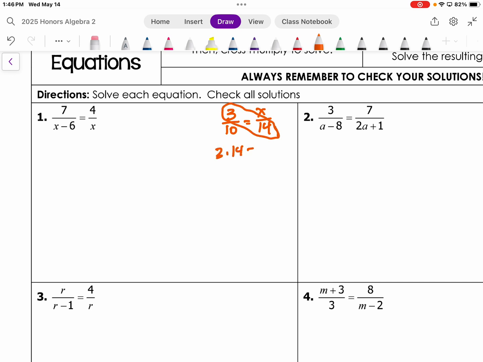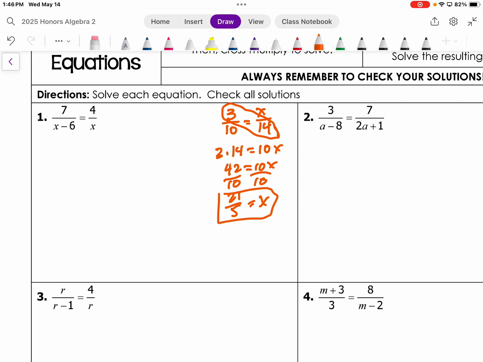Do 3 times 14 is equal to 10 times x. 3 times 14 would be 42. And then I can divide off the 10. And x is equal to, divide those top and bottom by 2, and I get 21 over 5. And there was my answer. That's what we learned in 7th grade about proportions. Their cross products are equal to each other.